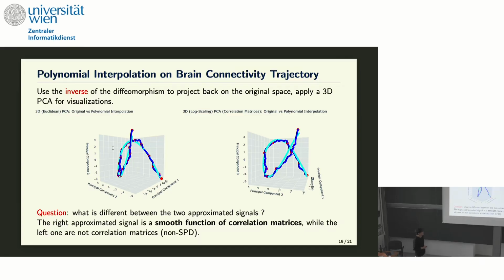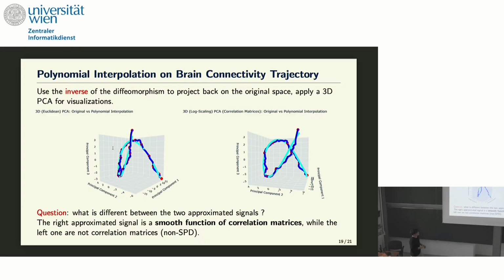Okay, but the big difference is that all of the light blue points here are in fact correlation matrices, while all of the blue points here are not, because if you do a polynomial interpolation in the original space of correlation matrices, it will end up in the space of symmetric matrices, but it will not remain SPD.